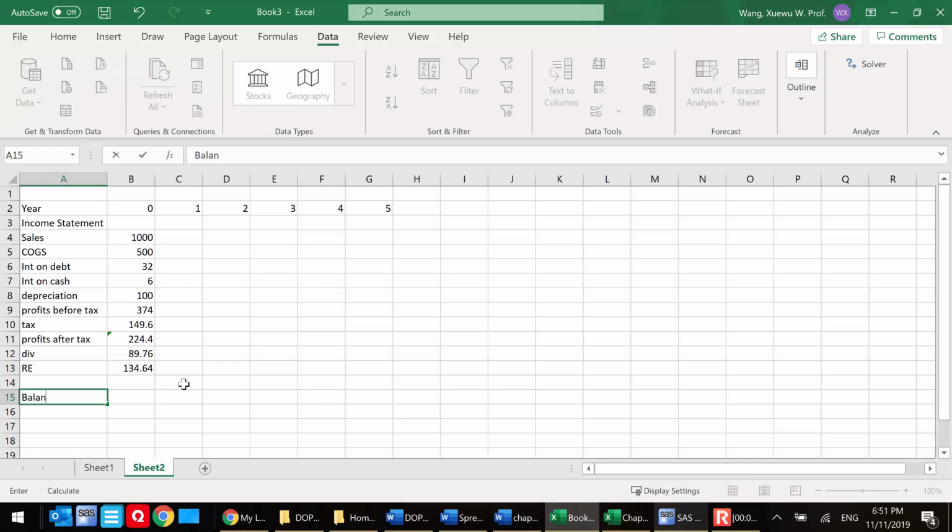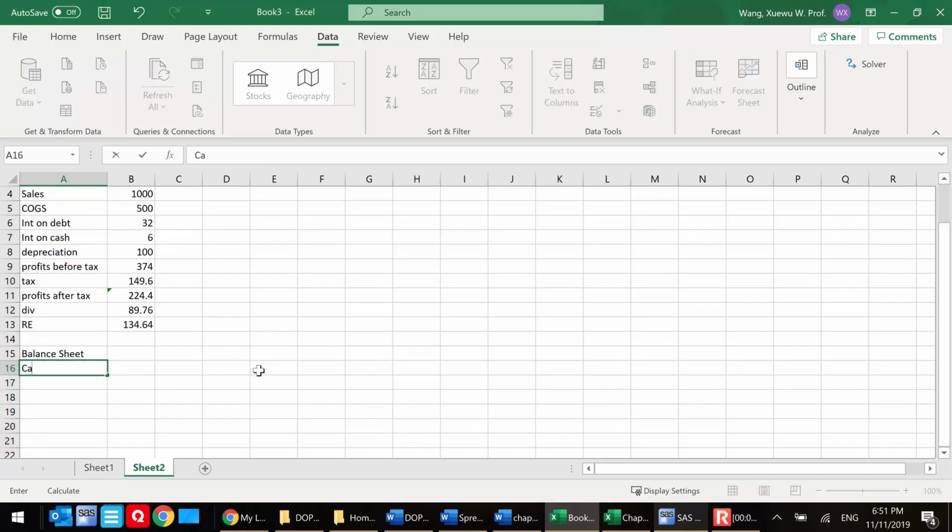And now let's move on to the balance sheet. So you have cash and other marketable securities. This is observed. This is 80. And then you have current assets, and this is actually observed at 150 for year 0. And then you have fixed assets.